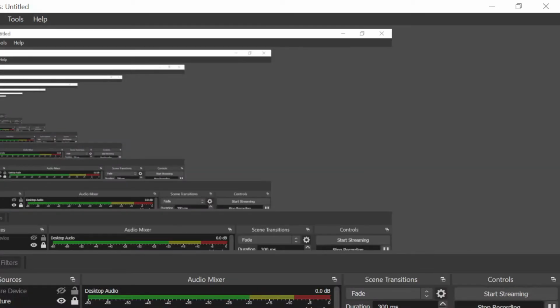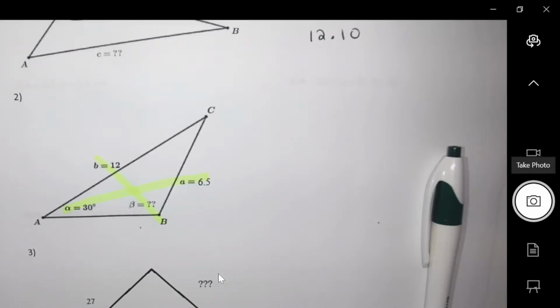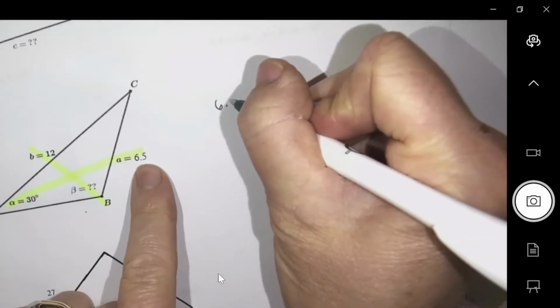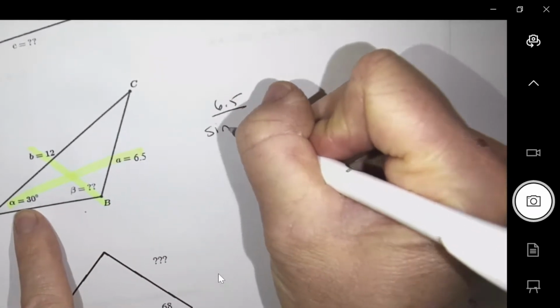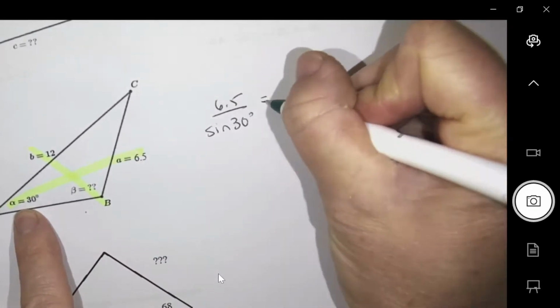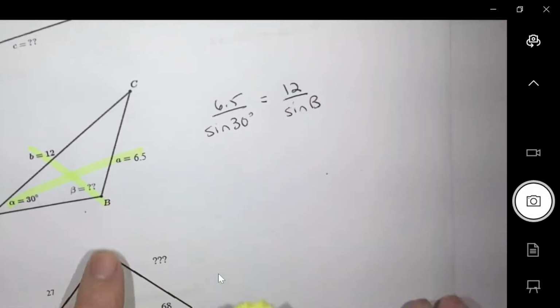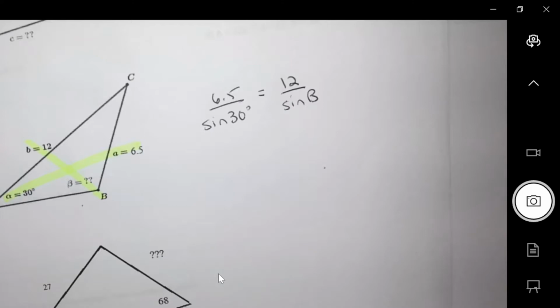Got it. Okay, awesome. All right, so there's a pair. So I'm going to go 6.5 across sine 30, and 12 is across from sine B. Once you've set up your pairs, you say times divide, right?